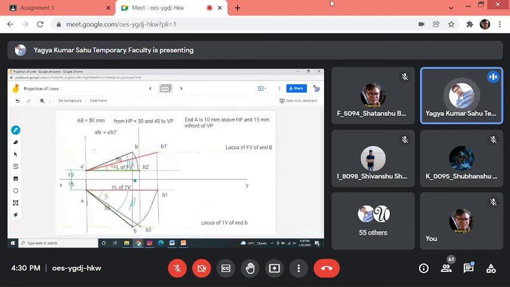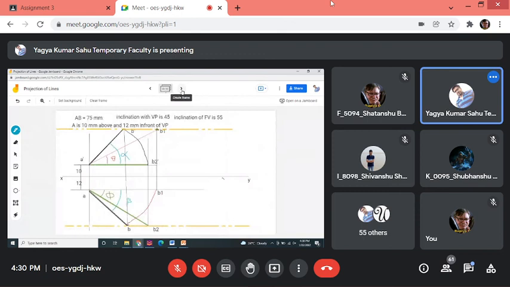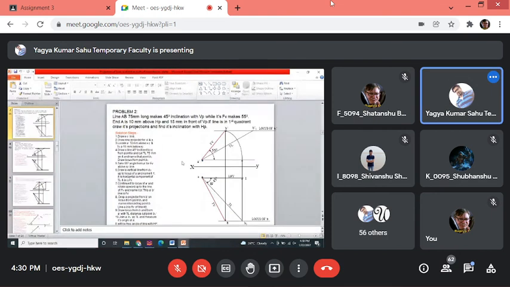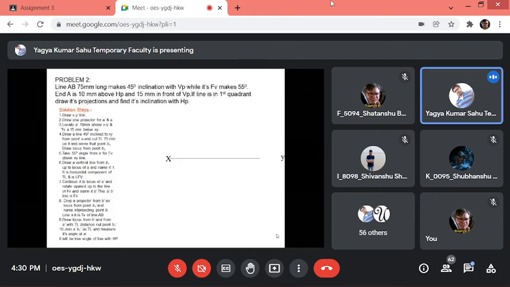Okay. So see, the same solution came out. Is this the solution that came or not? The second one also will be easy. Yes, sir. Try a little, okay. So you can see, first of all locate A dash, then draw the top view, true length.